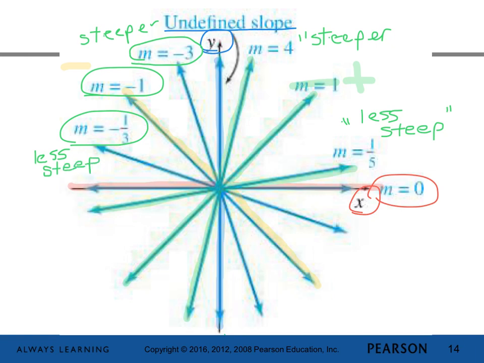So fractional slopes, values between 0 and 1, are less steep.